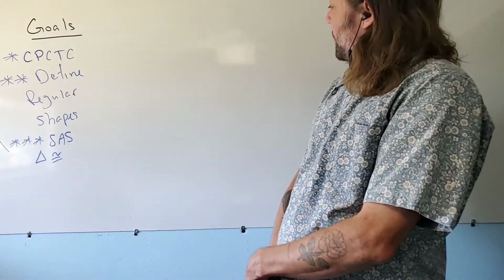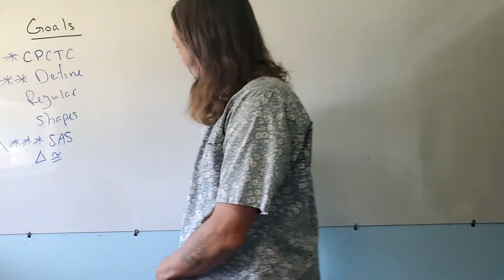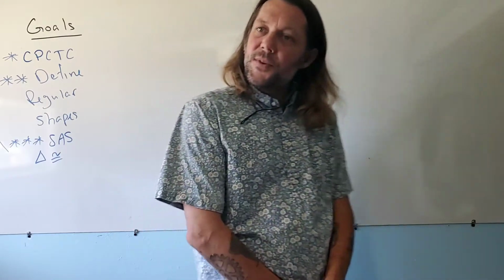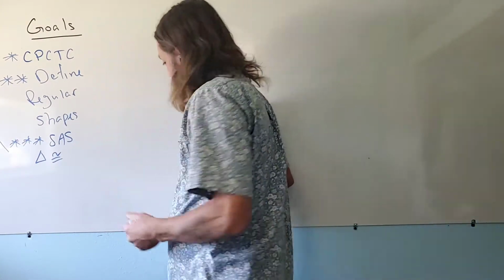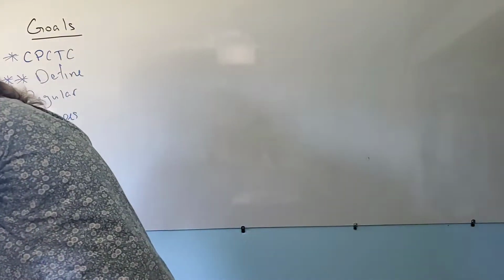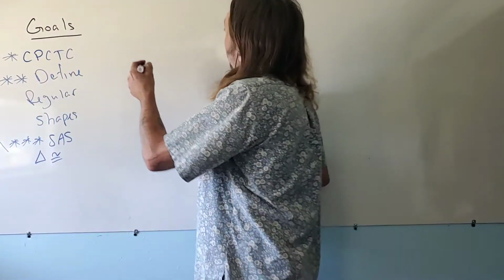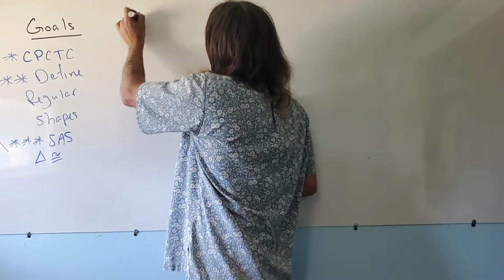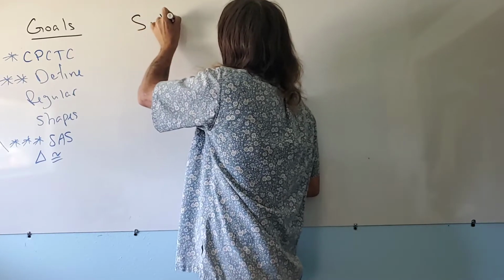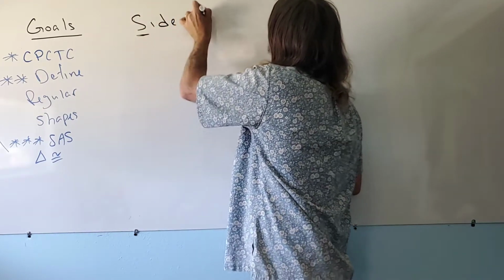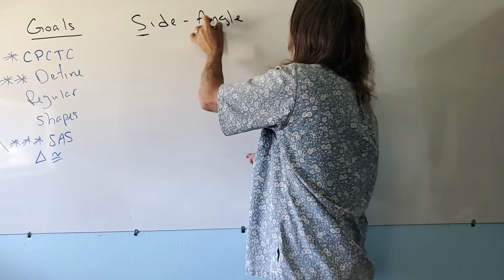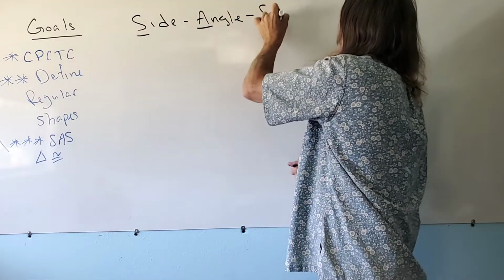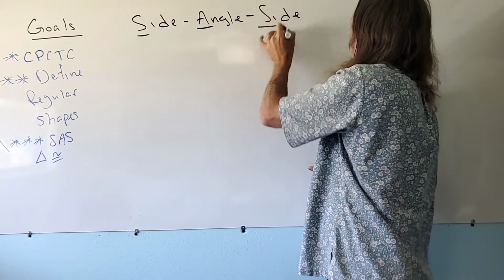But let's just go ahead and finish the last goal, and then that'll be the lesson for today. All right, so side angle side is what we're talking about, and I have a feeling that red might be lost to the glare. Side, angle, side, side angle side.